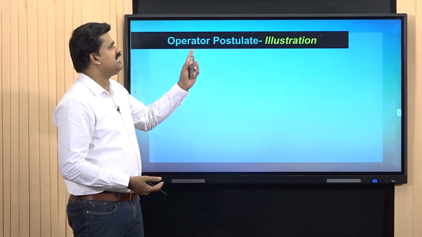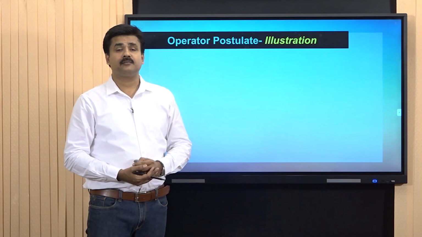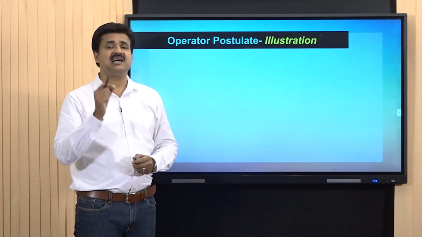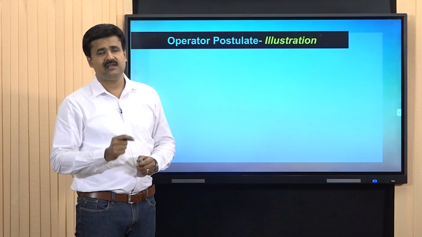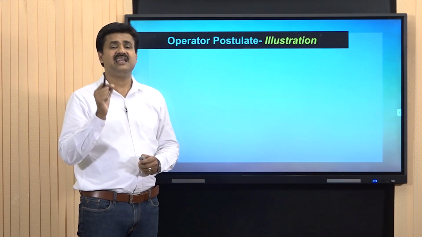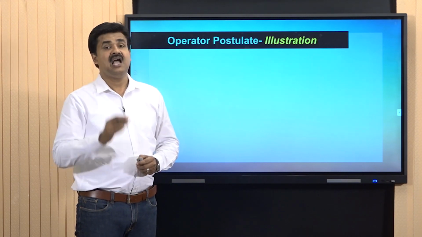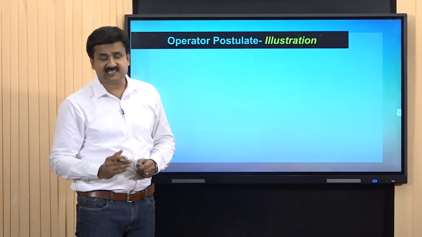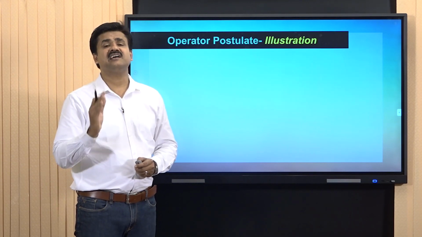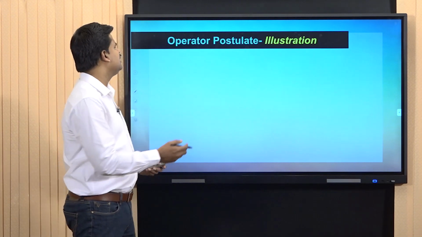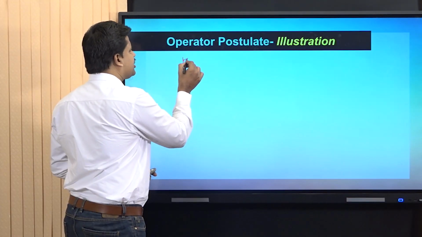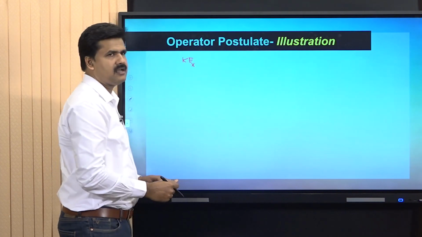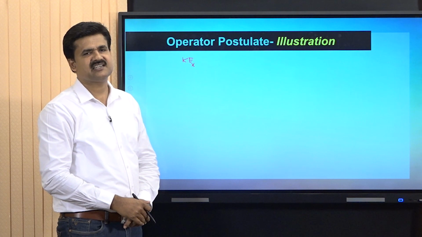Now, illustration of the operator postulate. Let us take kinetic energy as a representative example to write the linear Hermitian operator. As per the operator postulate, for kinetic energy also, there will be a linear Hermitian operator. Let the quantity under consideration be kinetic energy along x direction.